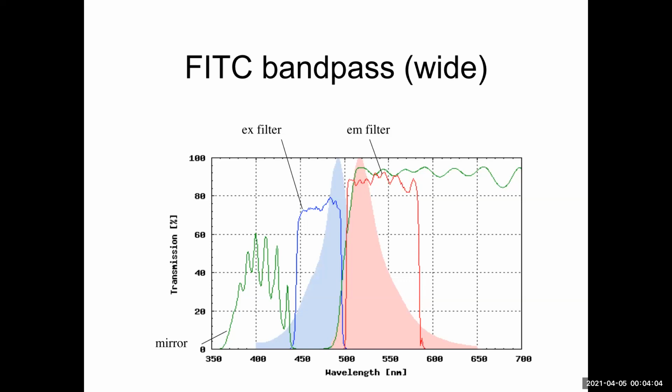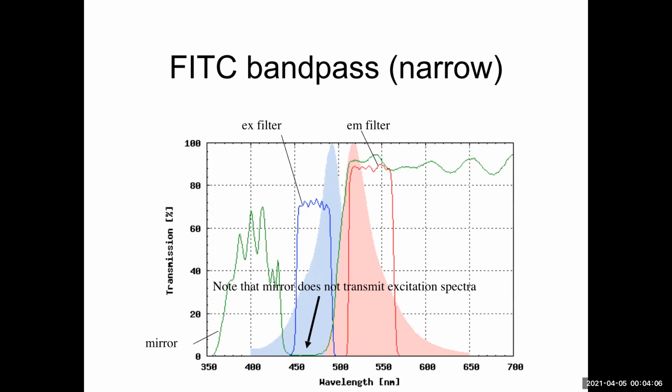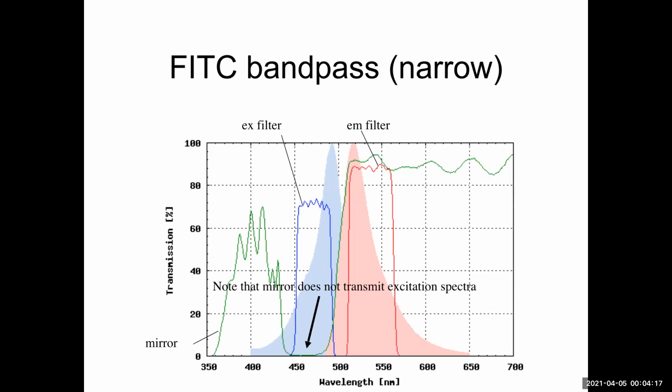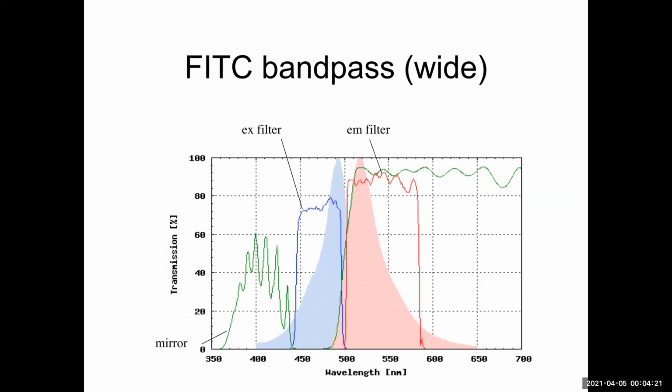And you can collect all of those, or like in here, you can collect not quite all of those. But again, some of the colors more in the red are going to be very rare. You're not going to see a lot of those. So it's not like you're throwing a lot of info away with this narrow bandpass. But this is preferable if possible.